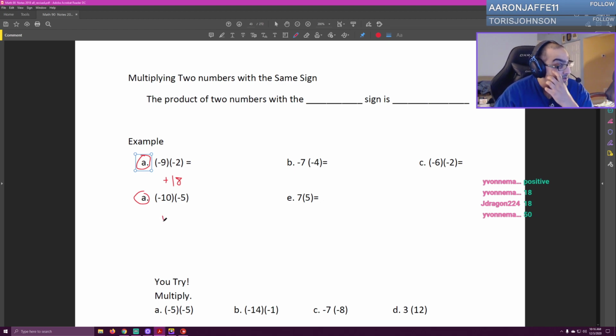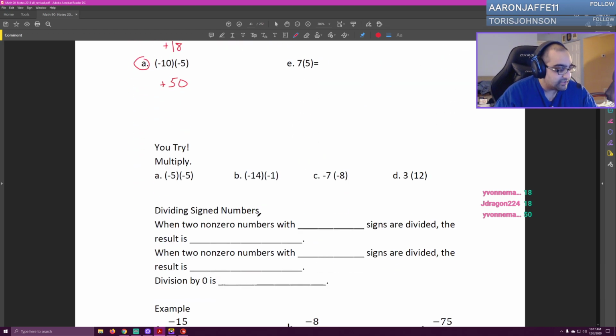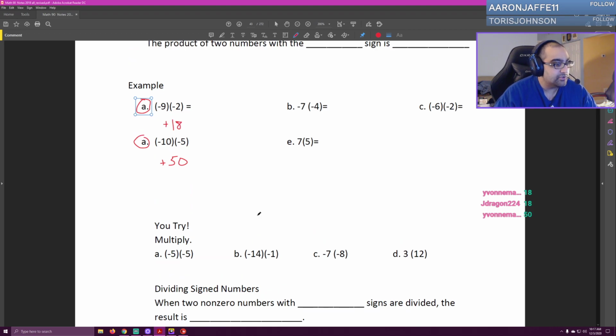Positive 50 is correct. So here we have plus and 50. Good. Two negatives make a positive. Bada bing, bada boom. Winner, winner, chicken dinner. All right. Doing good.